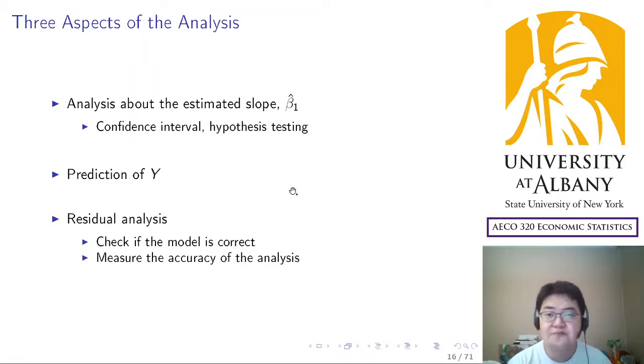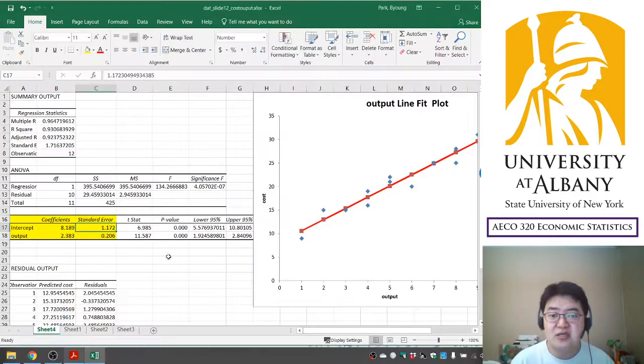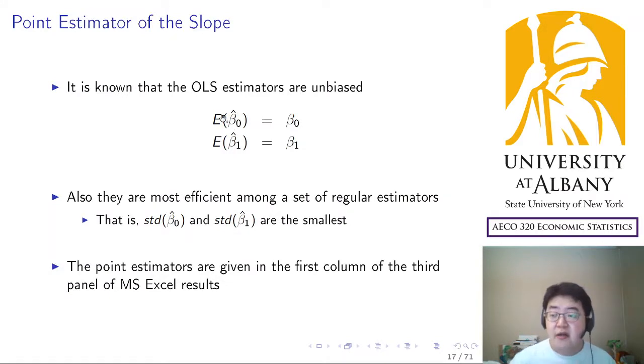Let's see. So think about the slope, beta 1. In our case, as you see, 2.38 is beta 1, and its standard error is 0.206. And first, we can apply it.